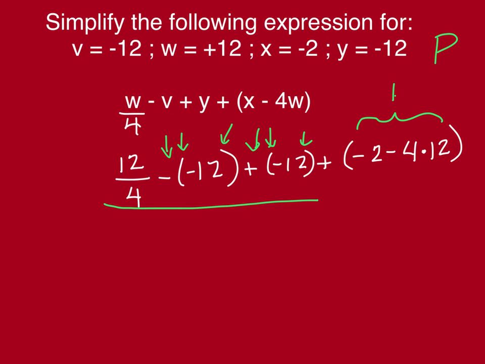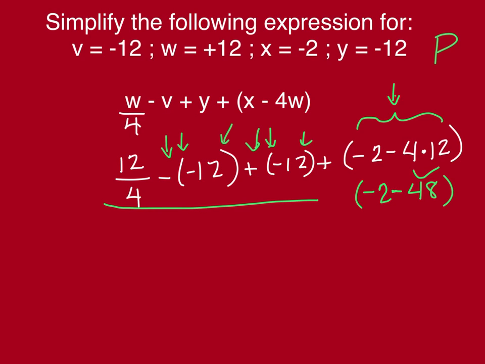Now, in my parentheses, I have got subtraction and multiplication. You should know that between those two, you do the multiplication first. So I know that 4 times 12 is 48. Bring down the rest of the problem that's inside the parentheses. And I've got 2 minus 48.